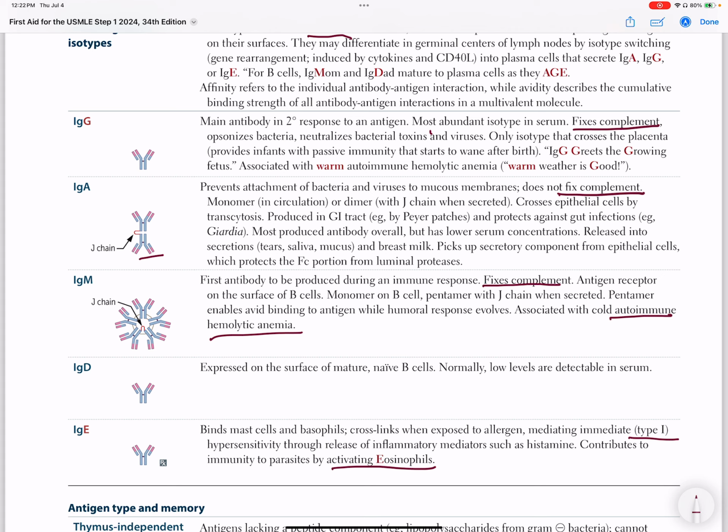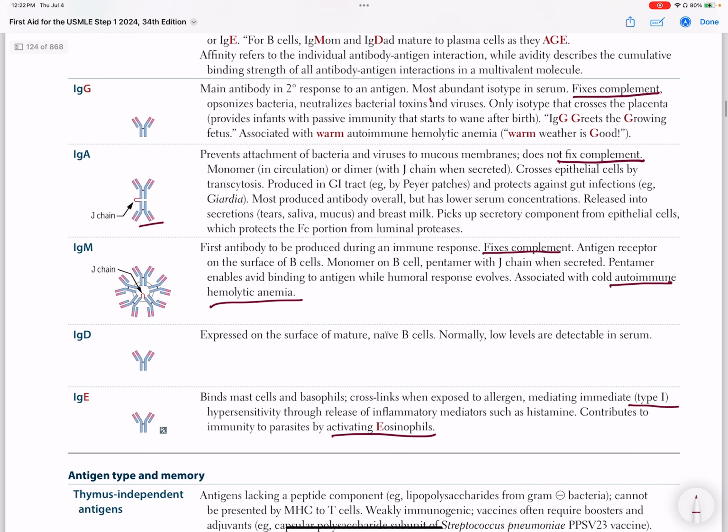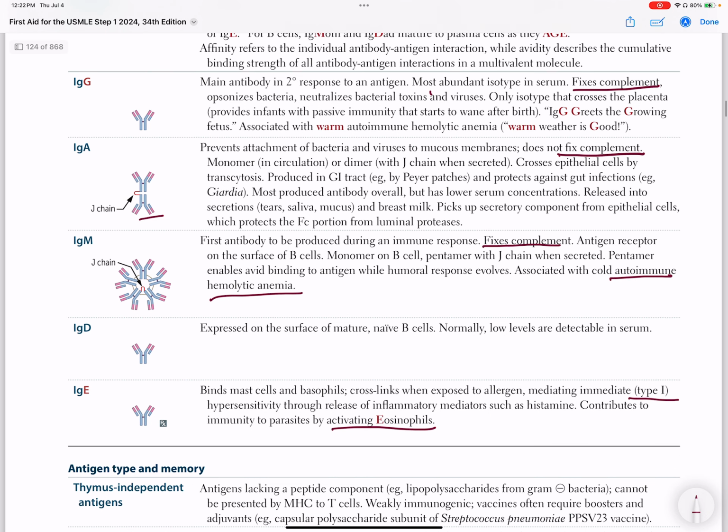Affinity refers to the individual antibody antigen interaction, while avidity describes the cumulative binding strength of all antibody antigen interactions in a multivalent molecule. IgG is the main antibody in the secondary response to an antigen, and the most common in the serum. It fixes complement, opsonizes bacteria, and neutralizes bacterial toxins and viruses.